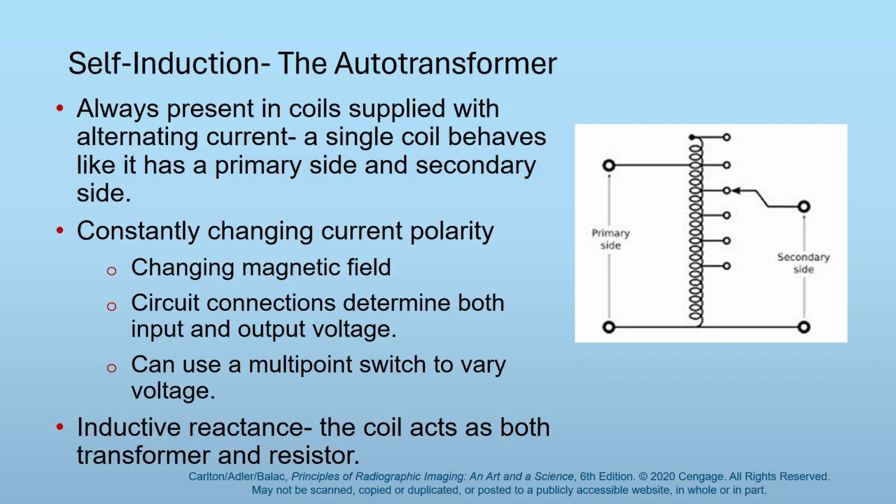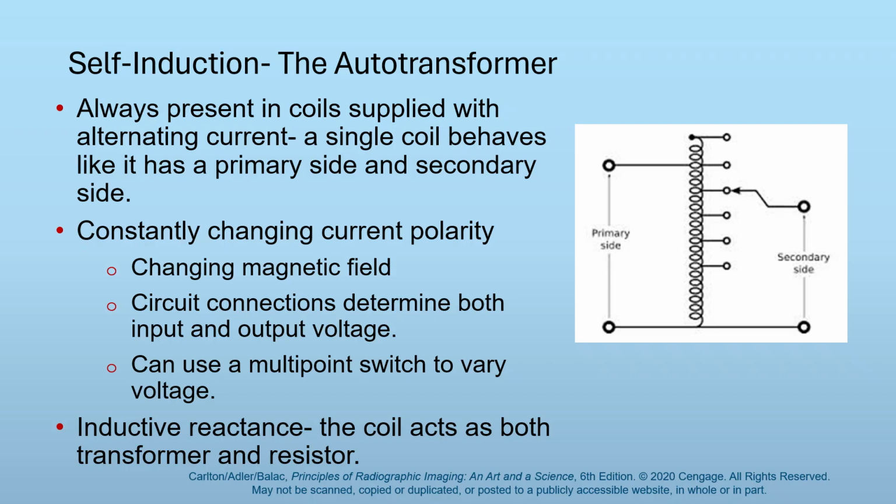Okay, and effectively, what we can do if we arrange it like I've got this diagram shown, where we have multi-point connections on the secondary side, we can effectively choose our output voltage by including or excluding coils on the secondary side.